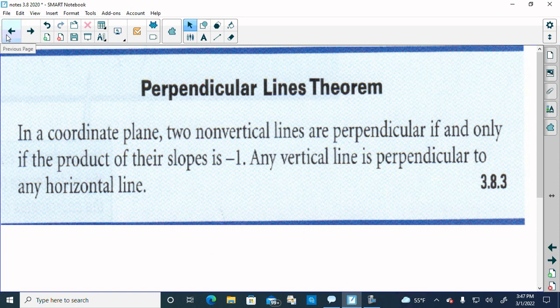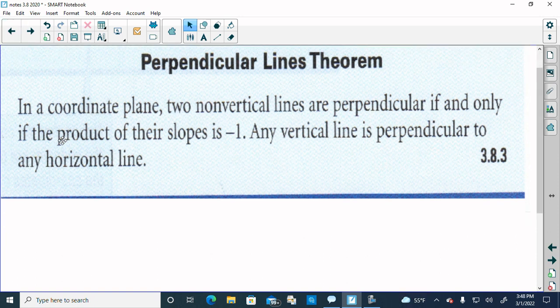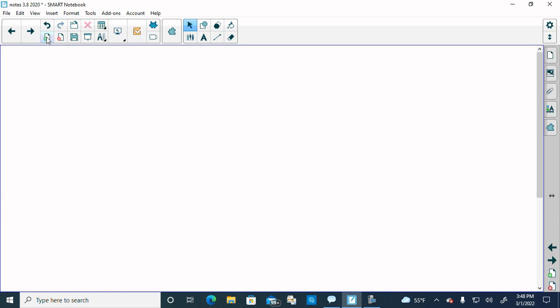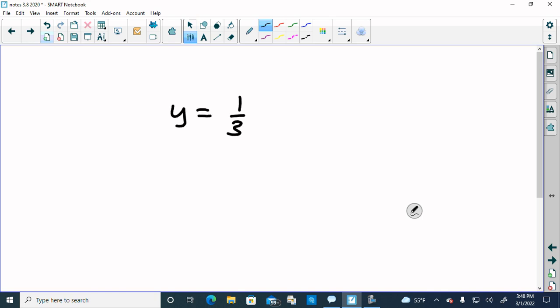I'm just going to draw a rough sketch here for you. If I had a line y equals 1/3 x plus 5, and then if it was parallel, I can have another one that would be y equals 1/3 x plus 10.